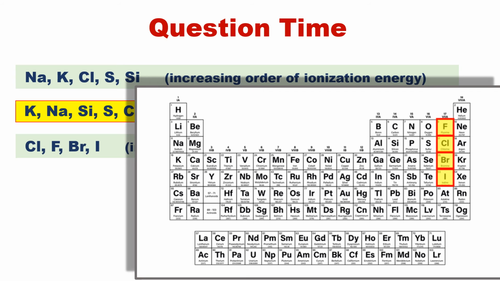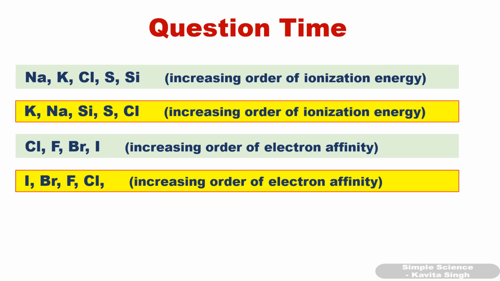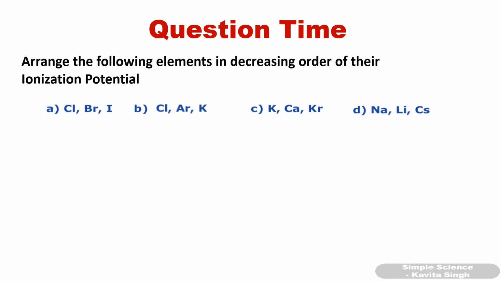So electron affinity will be least for iodine, then bromine, then chlorine and then fluorine. But out of fluorine and chlorine, chlorine has more electron affinity, and fluorine has slightly less than chlorine because of its atomic size. That was an exception.